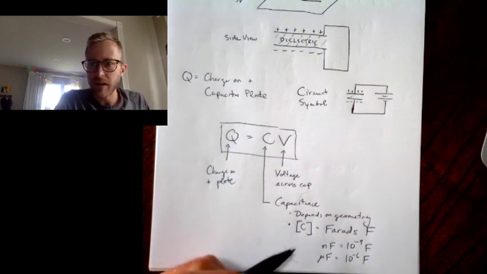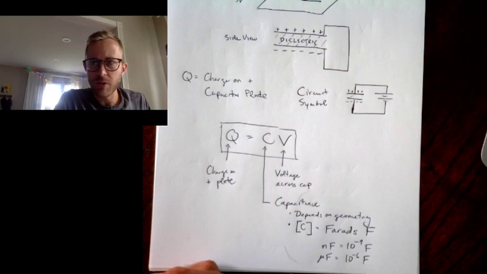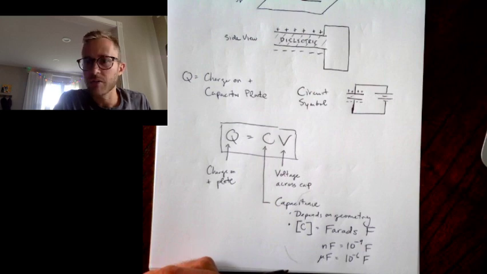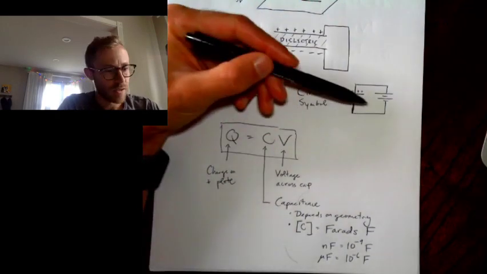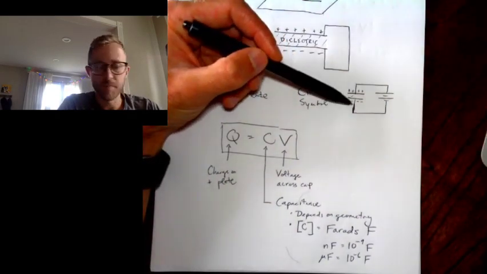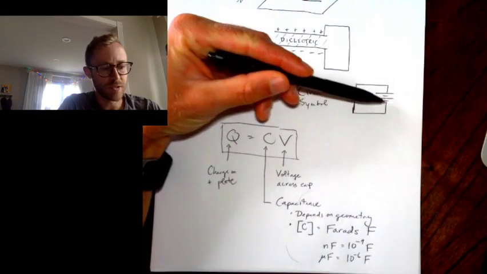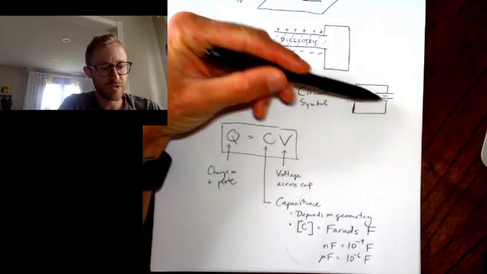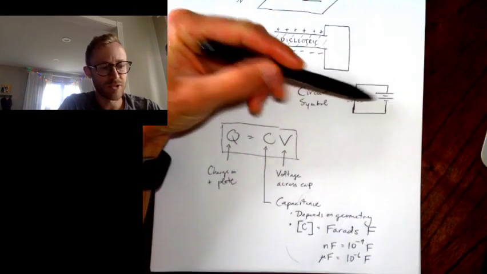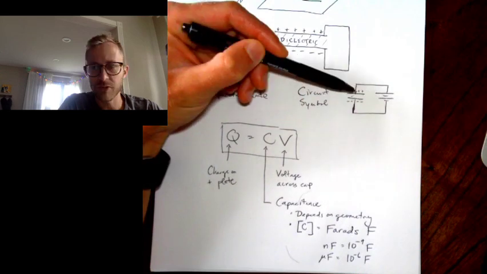So I got an excellent question here, which is, if the battery gives a lot of charge to the positive capacitor plate, does that mean that the negative capacitor plate will gain more charge to balance it out? And the answer is yes. What happens is that the battery essentially steals electrons from the top capacitor plate and shoves them onto the negative capacitor plate.